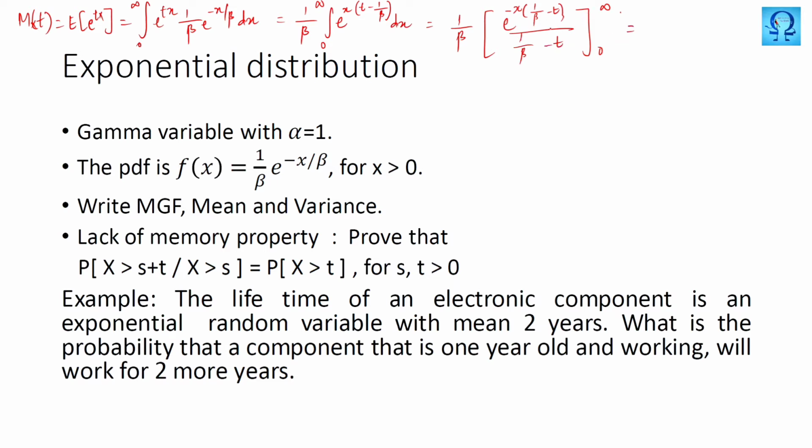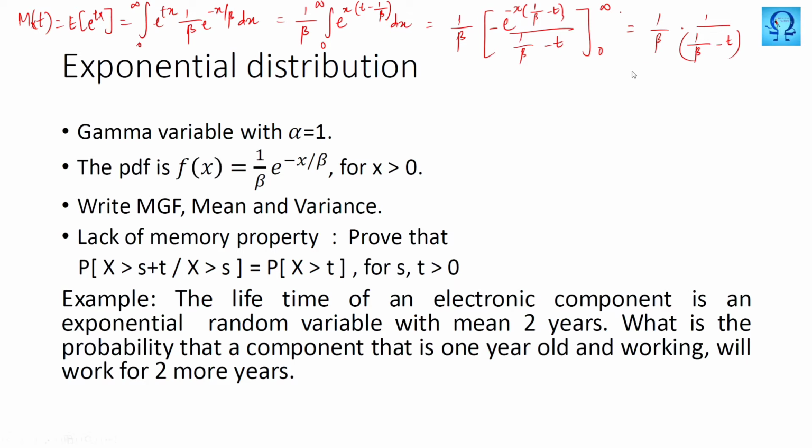Now that it is 0, minus this quantity, what do we get? This is 1 upon beta times, and here we will have minus, so 1 upon beta times 1 divided by 1 upon beta minus t. So this is what we get.